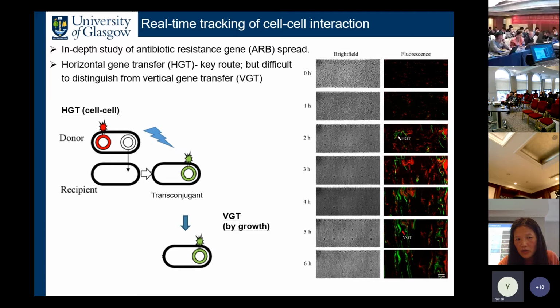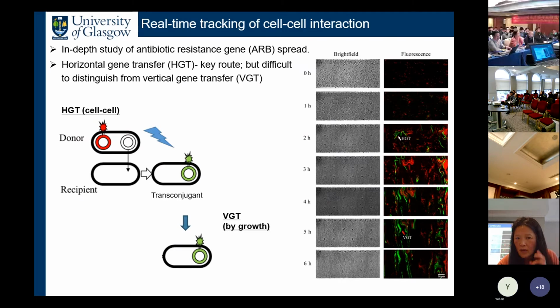This donor strain expresses red fluorescence, so we can see it, and it also contains the resistance gene to antibiotics. If the donor cell can transfer this plasmid into a recipient cell, here horizontal gene transfer occurs. This is normally the first instance for an antibiotic resistance gene to transfer. The recipient cell is going to express green fluorescence.